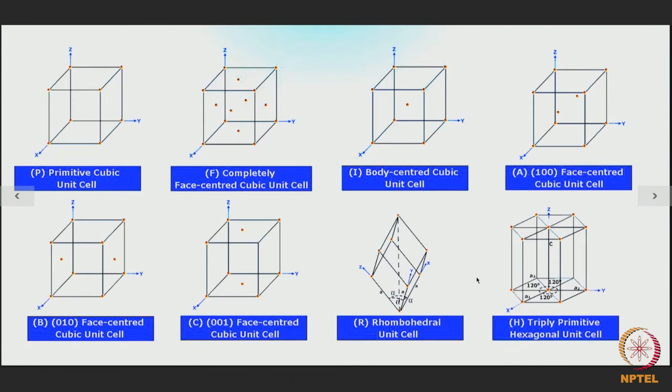Now, in order to denote the space group, the first thing that we have to do is to know the underlying Bravais lattice.